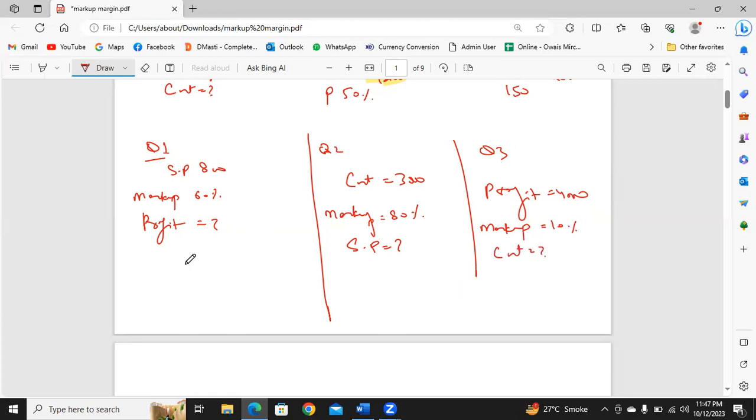In the first one, we need to find out the profit. In the second one, we need to find out the price, and in the third one, we need to find out the cost.